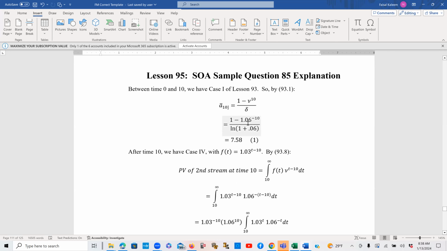So nu is the discount factor, which is 1.06 to the power negative 1, since the interest rate is 6% annual effective, and delta we know is ln(1 plus i), so ln(1 plus 0.06). And so the present value of this constant part of the annuity is 7.58.